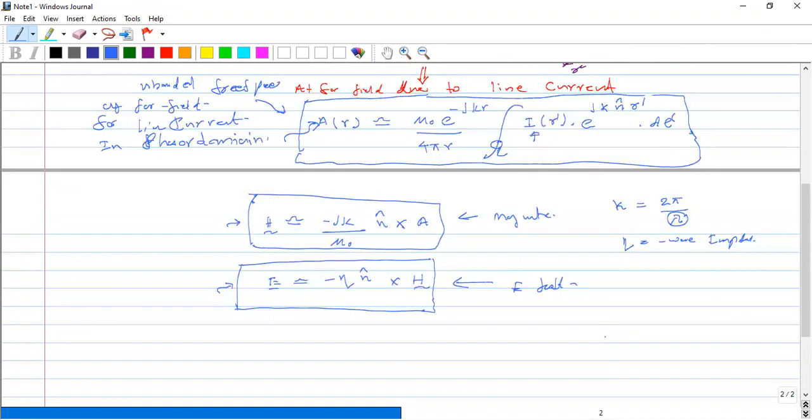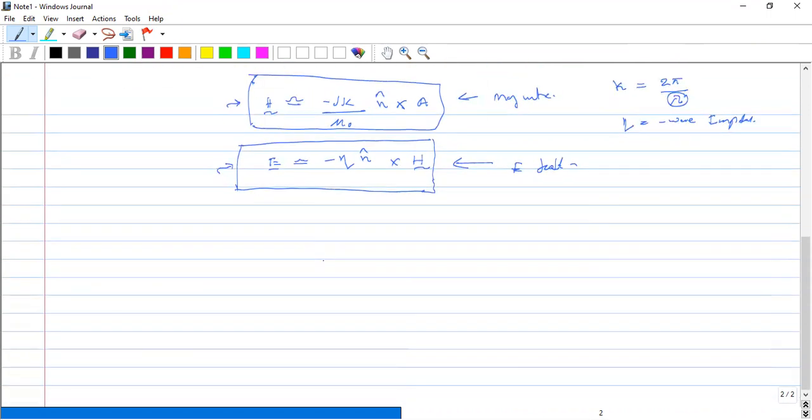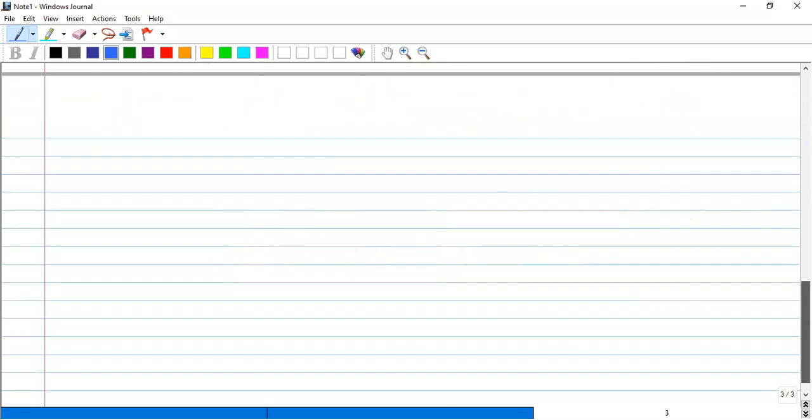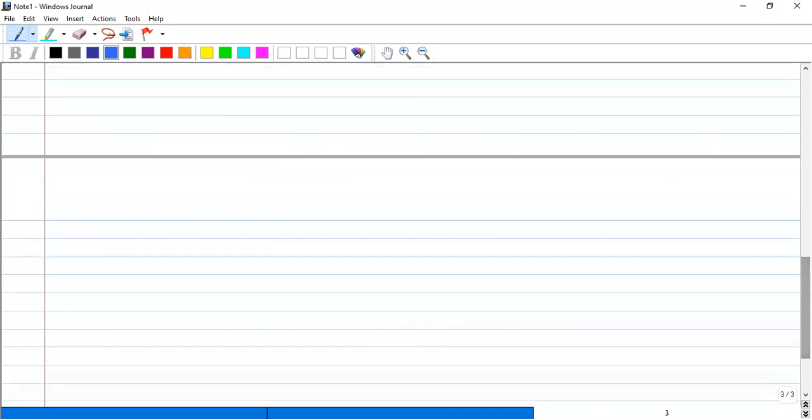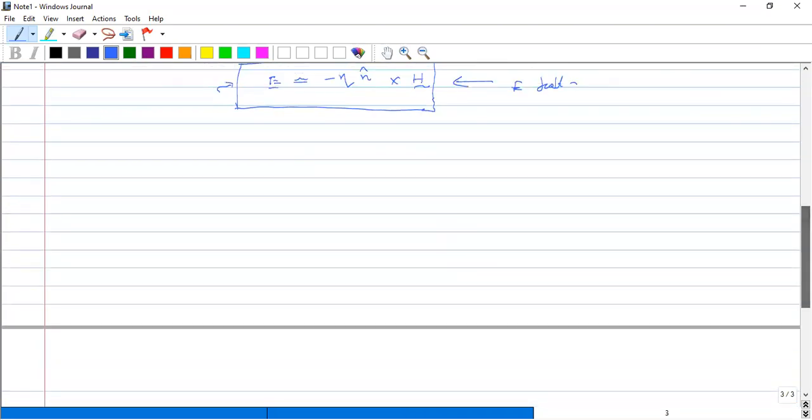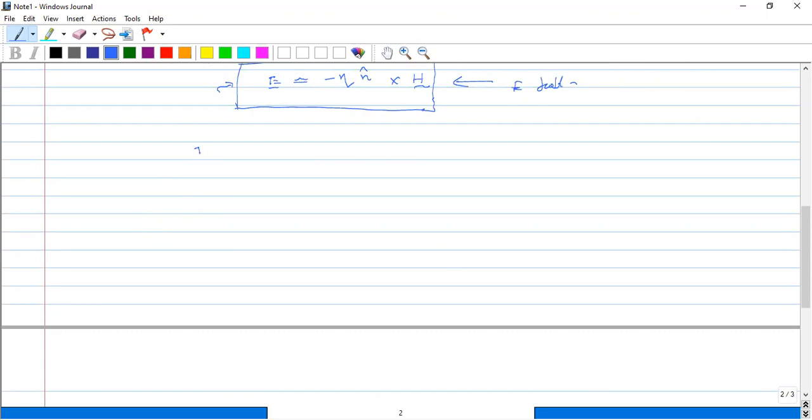In the previous week we tried to use this identity to find the radiation field of an infinitesimal dipole. My pronunciation may not be correct.